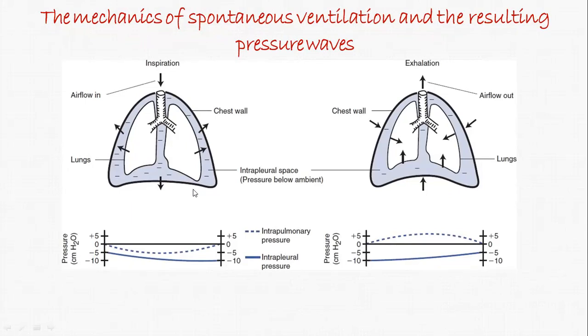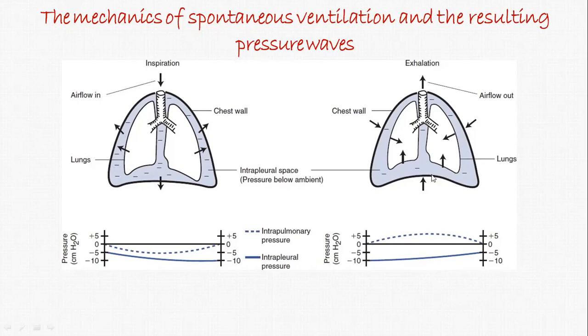So again, the lung movement, the chest wall movement, and the diaphragm movement will create a pressure gradient. The intrapleural space pressure creates a negative pressure gradient, and the air will be sucked inside.